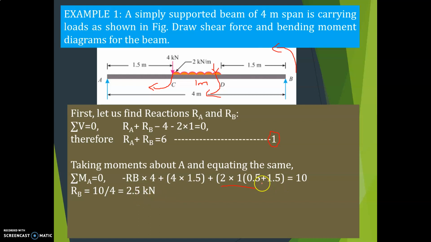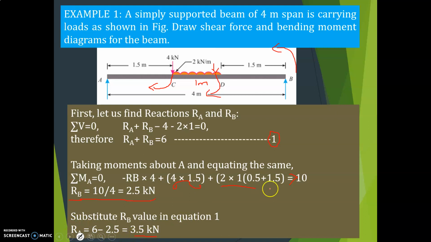Once you know RB, you can calculate RA by substituting in the equation. RA is equal to 6 minus RB, that is 6 minus 2.5, that is equal to 3.5 kilonewton. So RB is equal to 2.5 and RA is equal to 3.5 kilonewton.